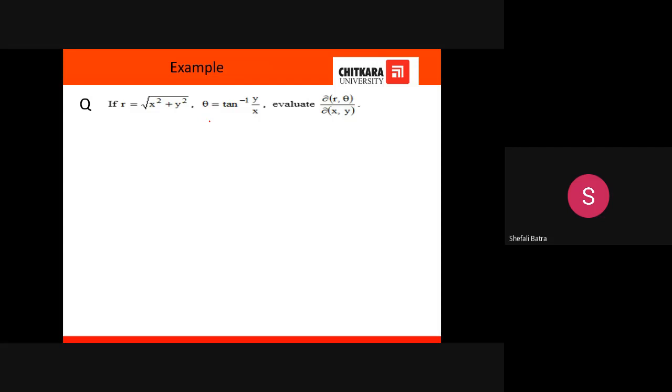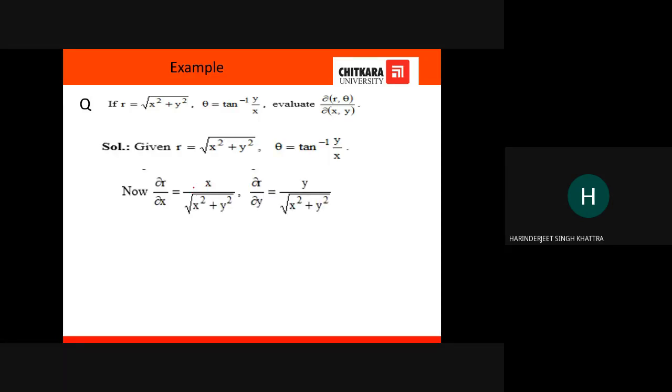Derivative of r with respect to x, derivative of r with respect to y. x square plus y square raised to power 1 by 2, this was your function r, so you have to differentiate it with respect to x.